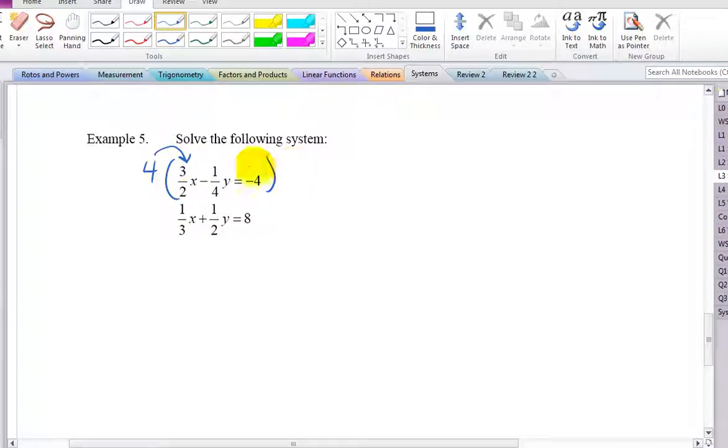So 4 times 3 is 12. 12 divided by 2 is 6x. Okay. 4 times negative 1 divided by 4 is negative 1y, and we won't write the 1. And then, of course, 4 times the last term, negative 16. Look at that. Easy now.